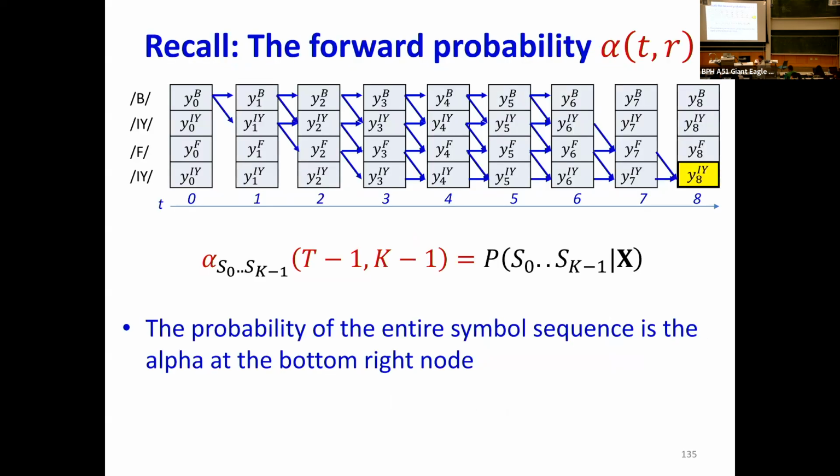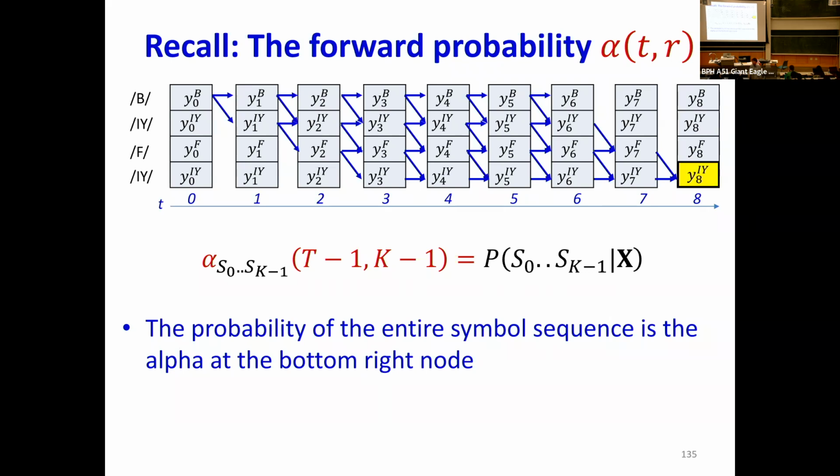But then how do you compute this probability for each sequence in the first place? To compute the probability for any given sequence, we already saw how to do this. If you give me a sequence and ask me what is the probability, then I can just compose my graph with blanks. Here I'm not showing blanks, but you do it with blanks. And then the alpha at the bottom right is going to be the probability of the sequence itself. If you had blanks, then you'd have to sum the final 2 alphas, and that is going to be the probability of the sequence itself.